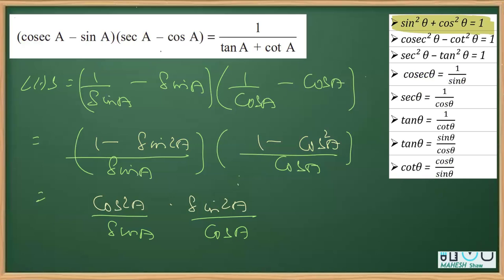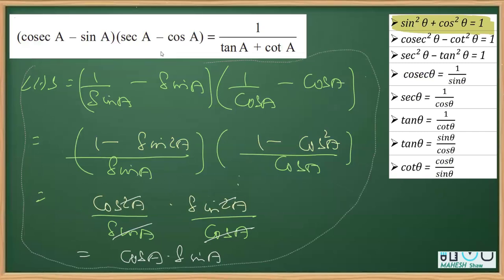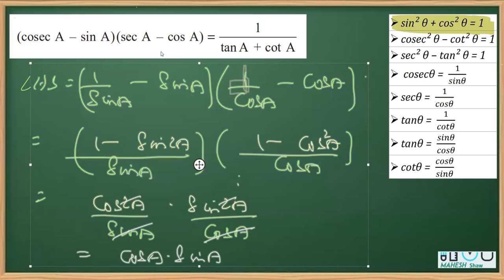Now we can see it can be reduced. I can cancel sine A with sine square A, leaving one sine A, and cos A with cos square A, leaving one cos A. So at the end we get cos A into sine A. This is the simplified form of the LHS. As we know, we cannot simplify it further, so we leave the LHS as it is.